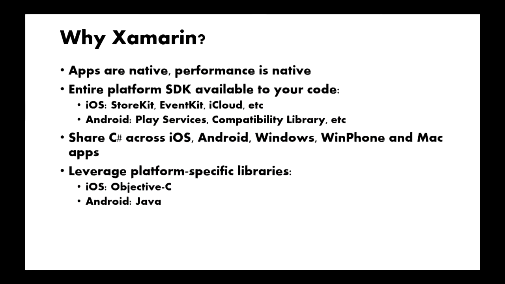So some of the reasons for Xamarin: apps are native, and performance is native, because we're not an HTML5 app working against a JavaScript library and having to deal with the browser and all of that config. No, we're working against the native controls that are built into all the native kits. App Kit and Store Kit, Event Kit, iCloud, Play services, compatibility libraries, all that stuff. It's all native.